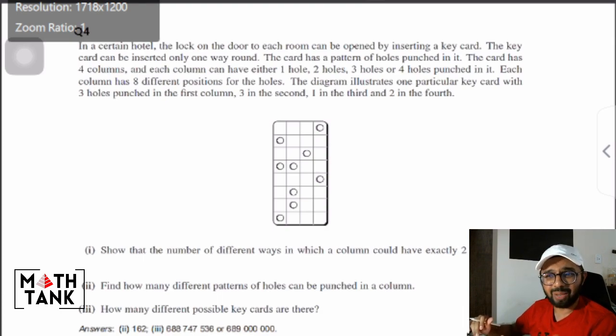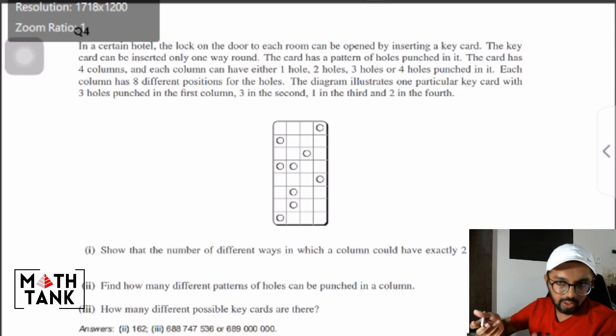Okay, so this is one particular key card only. You could have a lot of other choices when you are figuring out how many holes you want to punch in. Let's see what the question says. It says, show that the number of different ways in which a column could have exactly 2 holes is 28. So I just need to punch the holes.